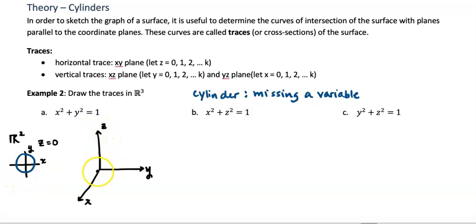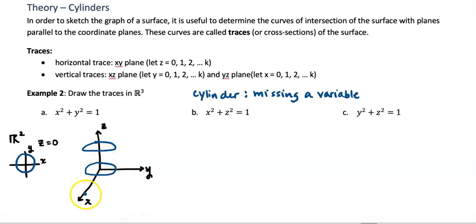So when z is equal to 0, we have a circle with a radius of 1. And I can draw that as a circle with a radius of 1 when z is 0. Well, what if z isn't exactly equal to 0? What if z is equal to 3? Well, if x squared plus y squared is equal to 1 and z is equal to 3, that would look like a circle at z is equal to 3.